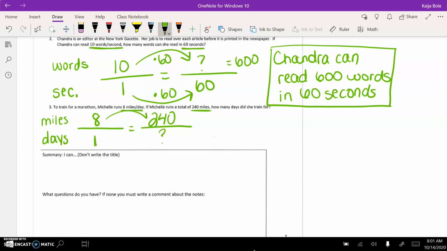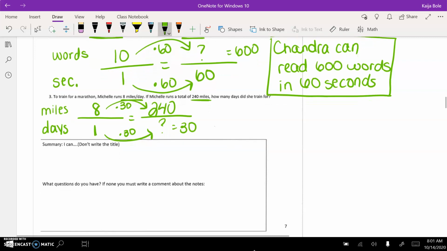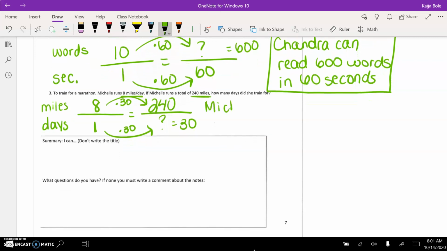So we have to figure out 8 times what number is 240. And remember, you can do it backwards. You could say, well, 240 divided by 8 is this. So it'd be times 30. So this would end up being 30. So we would say Michelle trained for 30 days.